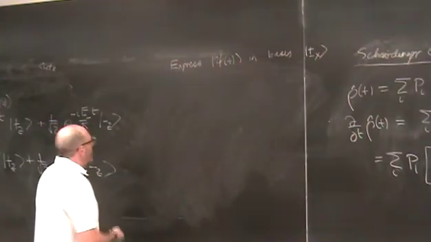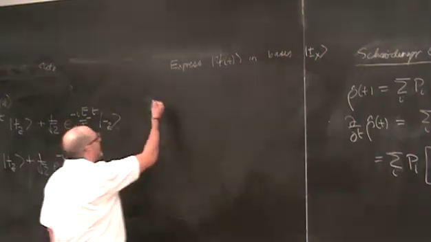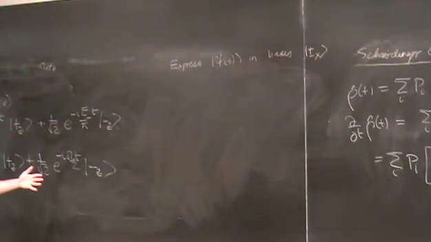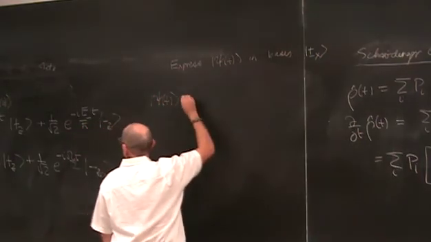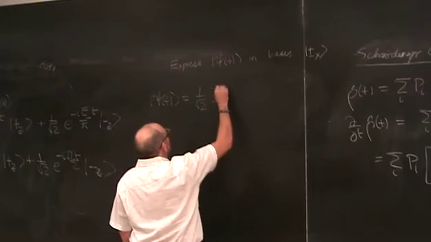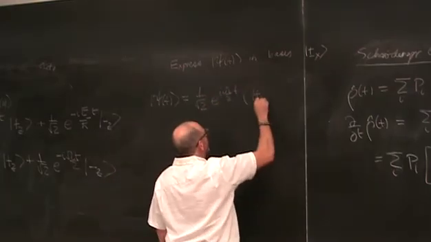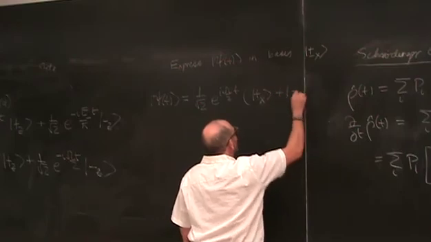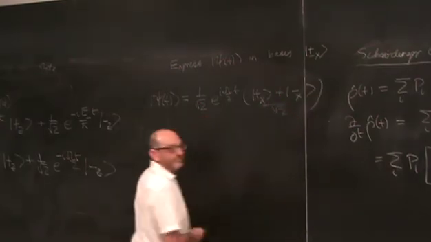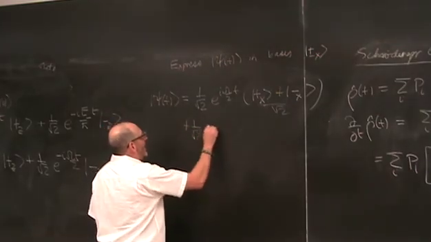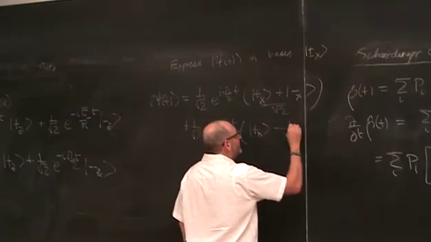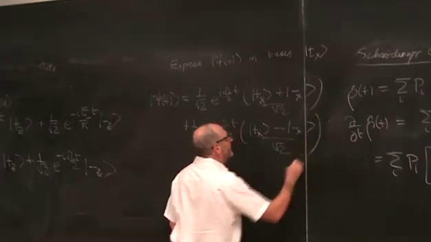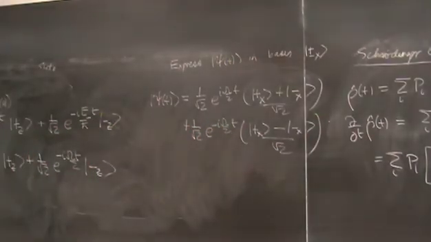I can put in a complete set of states, or I can just remember that up along z is a superposition of up along x and down along x, and spin down along z is a superposition with the other sign. I just substituted it. That's one way of doing it.